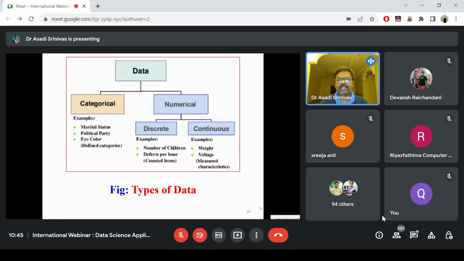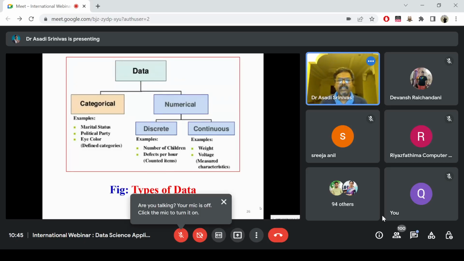Categorical data and numerical data. Categorical data includes, for example, marital status, political party, eye color, defined categories. That comes under categorical data. Then numerical data has two types: discrete data and continuous data. Discrete data is nothing but counting the items.